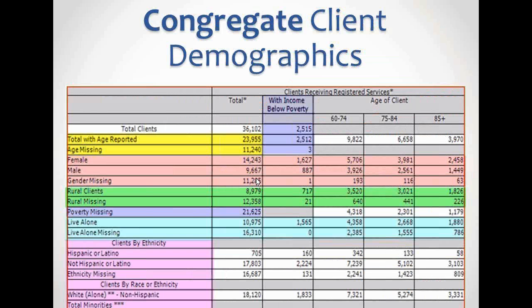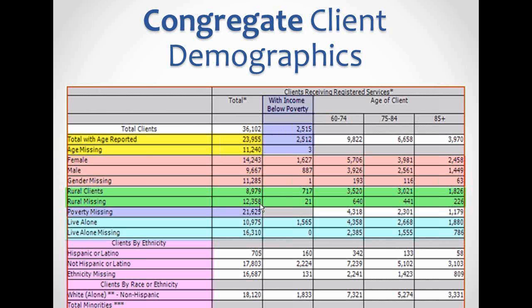Now, this is another page of the SPR. Fascinating to look at this, and I've tried to color code this so you can really see this. So this is telling, again, these are the congregate clients. So this is saying of those 36,102 clients, the number reported below poverty was 2,515.